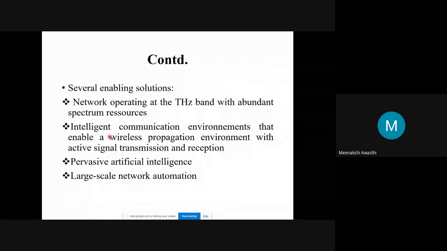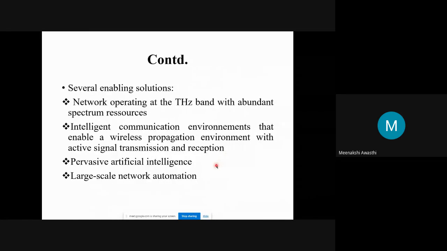Next is intelligent communication environments, which enable a wireless propagation environment with active signal transmission and reception. So your communication environment will be intelligent so that it enables wireless propagation with active signal transmission and reception.